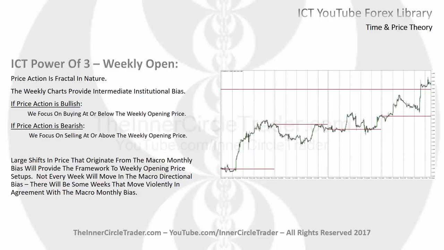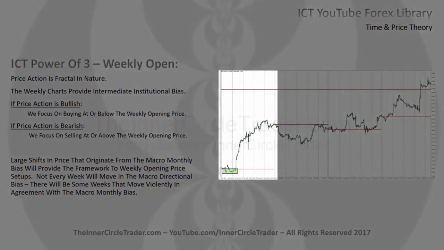Okay, this chart shows 4 weeks of price action, and I've highlighted the opening price for every respective week here. And I want you to take a look at the response. Price shows below the opening price while we're bullish, and then price makes a really nice buying opportunity here in that green shaded area and it really vaults higher.